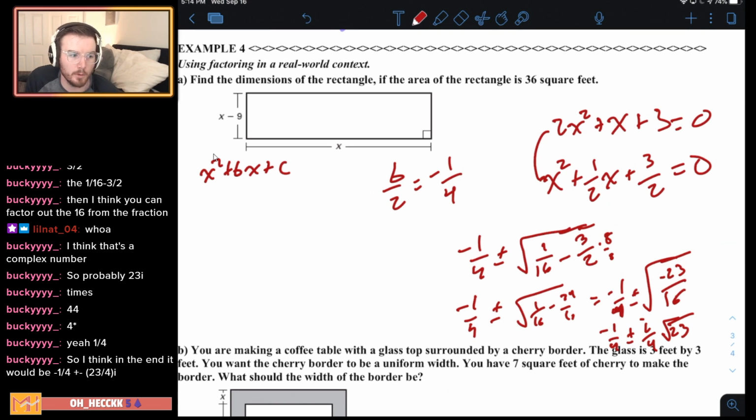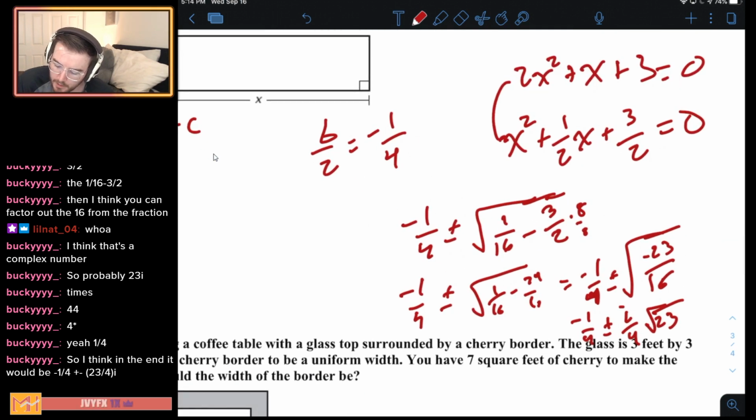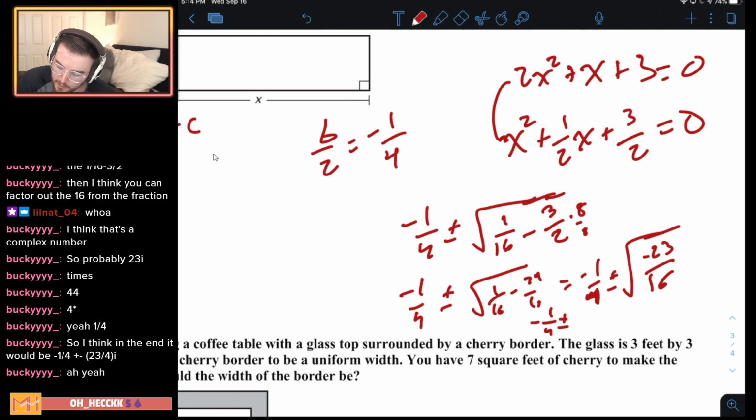Well, I can't take the square root of 23, so it would stay under the radical, right? So when I look at this here, I get negative 1/4 plus or minus the square root of negative 23 over the square root of 16. So I end up with negative 1/4 plus or minus i root 23 all over 4. I could write it like that too.